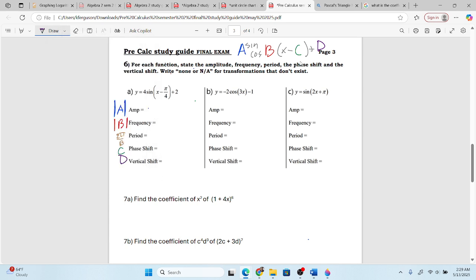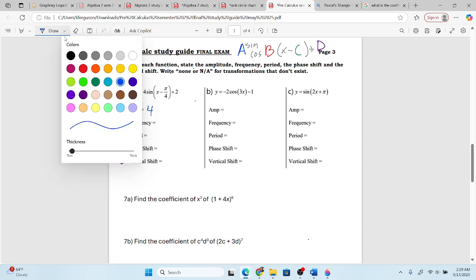So let's look at what we got there. So amplitude, what's the amplitude for the first one? It's 4. Right? Frequency. Frequency is a number times x. Well, there isn't a number times x. So if there isn't a number, then it's 1.